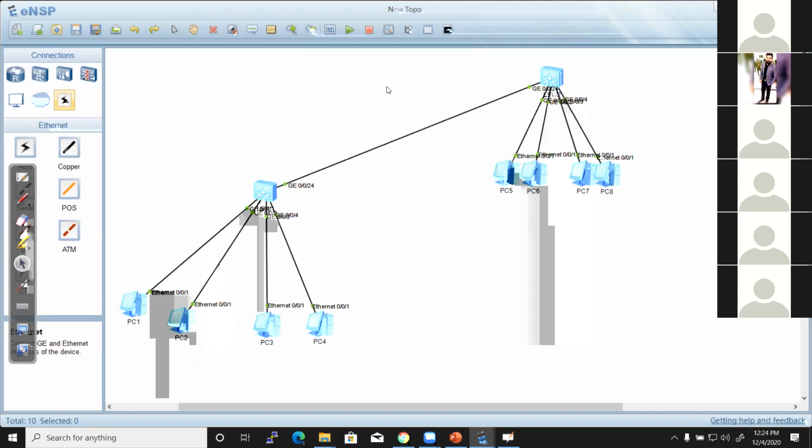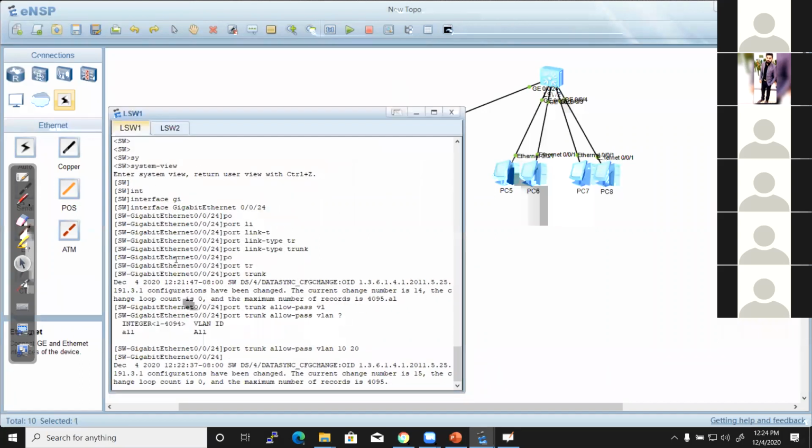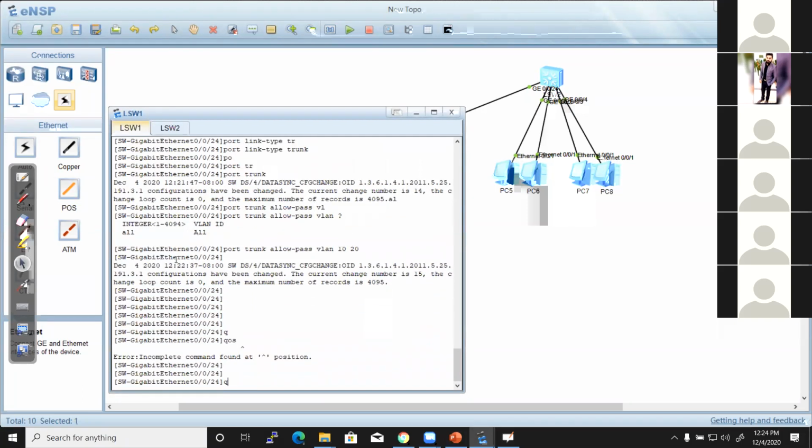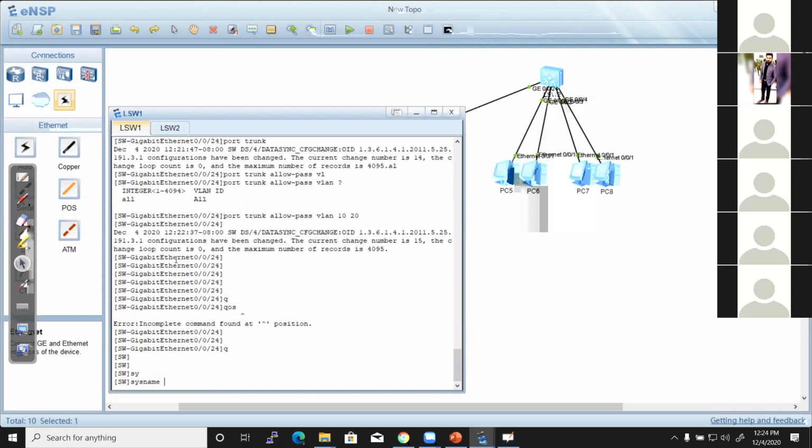Why do we need to differentiate between VLAN 10 and 20? When I'm having the console of switch 1, for example, I can change the name of that switch. For example, sysname, and you can put the first floor.